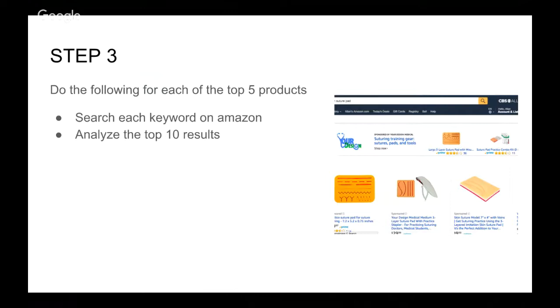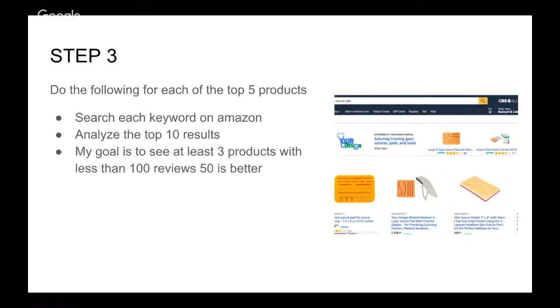I'm looking for certain things. I want to make sure that for each keyword, my goal is to see at least 3 products on the top 10 that have less than 100 reviews.